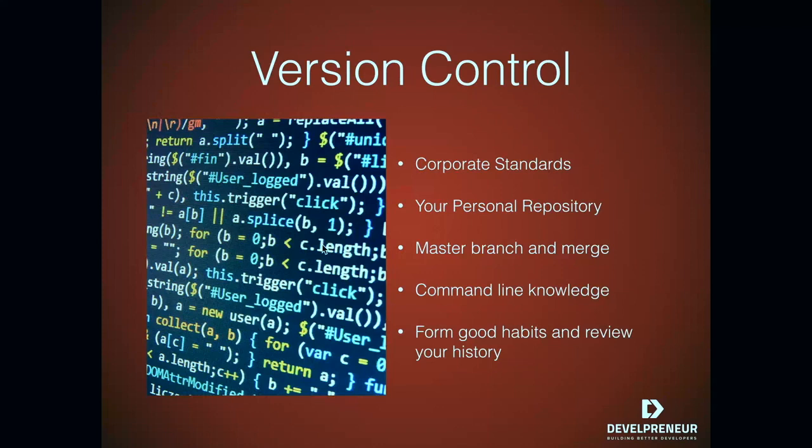All of these just lead to forming some good habits as a developer. So make sure when you commit, you write meaningful commit comments. Don't just say, change some code, or leave it blank, which is probably your worst commit comment. Get yourself in the habit of writing something so that when you go back 6 months later, you can look at your commit comments and figure out what you were actually doing.